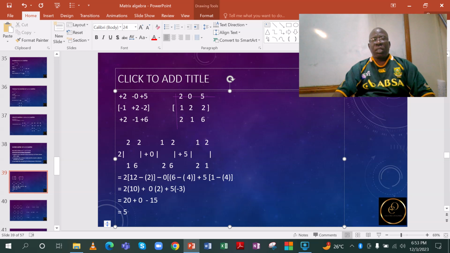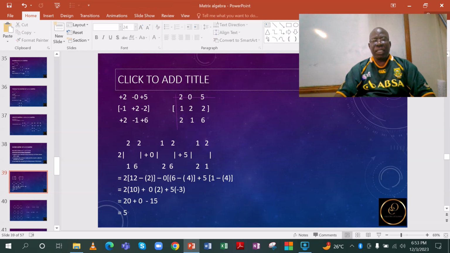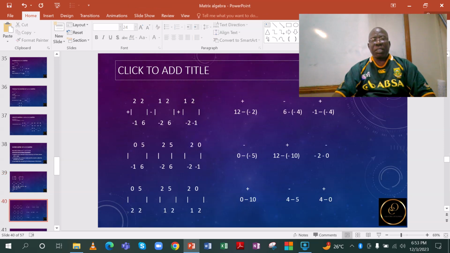Okay, so now we have to find what they are. For each element, replace them by cofactors. So we are going to have a matrix with a lot of these items.